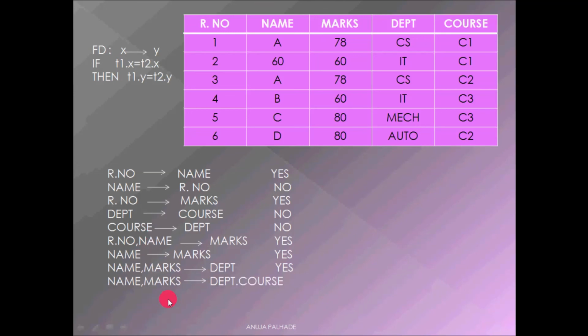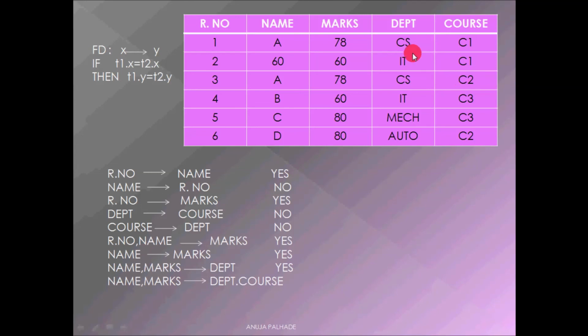Now, name, marks determines department, course. This is total X and this is total Y in this case. See, is there any matching case in X? Yes, this is matching. If this matches in X, then Y must match: CS C1, CS C2.